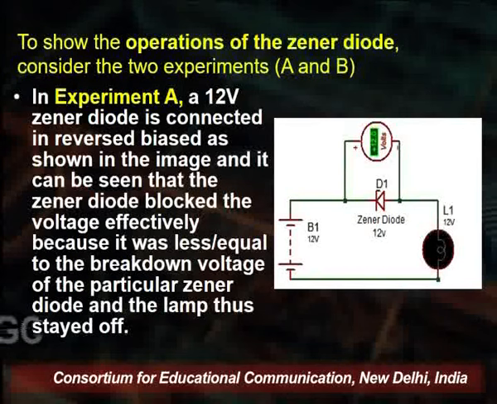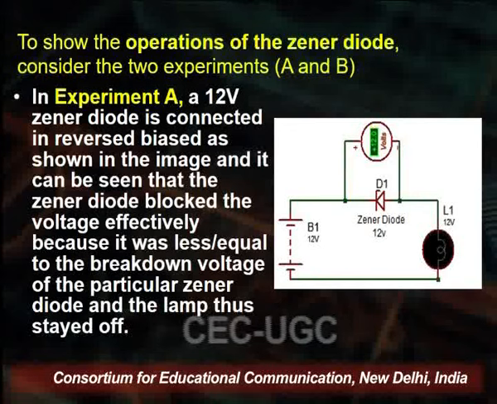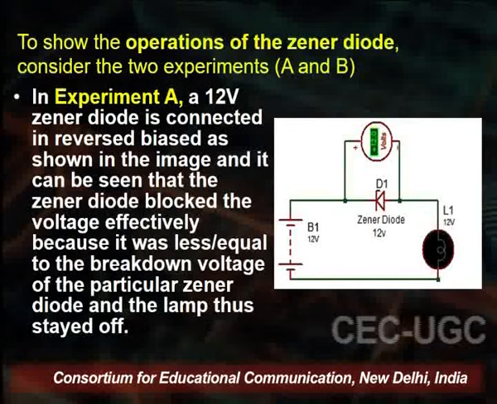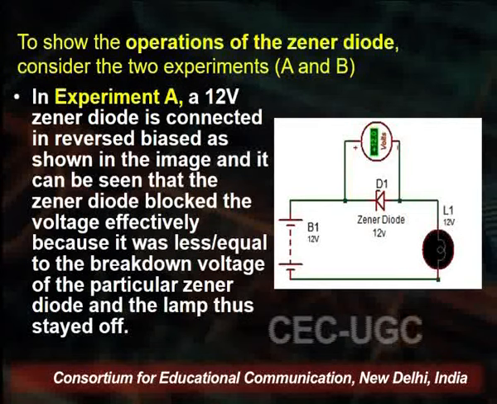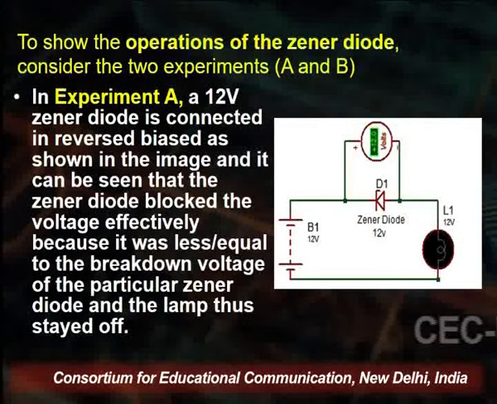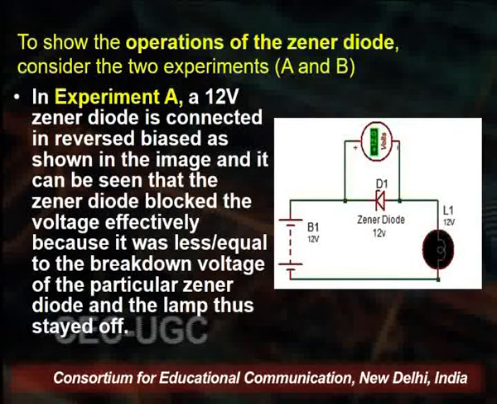You can see on the diagram that a 12 volt Zener diode is attached to the terminals, and it can be seen that the Zener diode blocked the voltage efficiently because it was less than or equal to the breakdown voltage of the particular Zener diode, and the lamp thus stayed off.